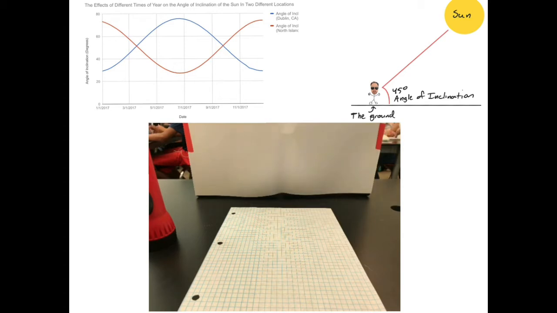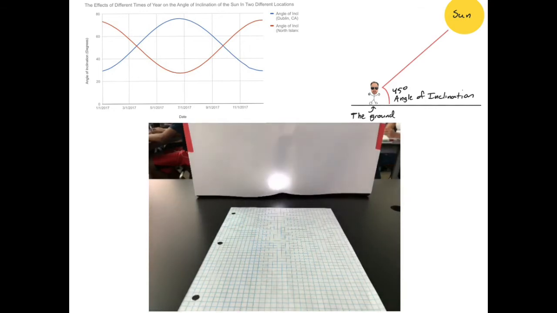Let me turn the lights off so you guys can see. So if I were to simulate that with a flashlight, if I started from 0 and then I start going up to about 30 degrees, I'm going to ballpark it about there. Do you guys see that? Yeah.